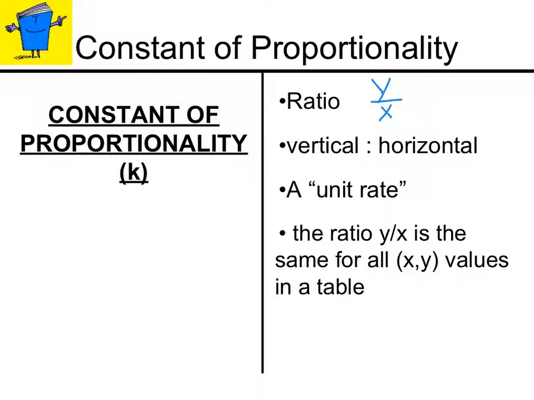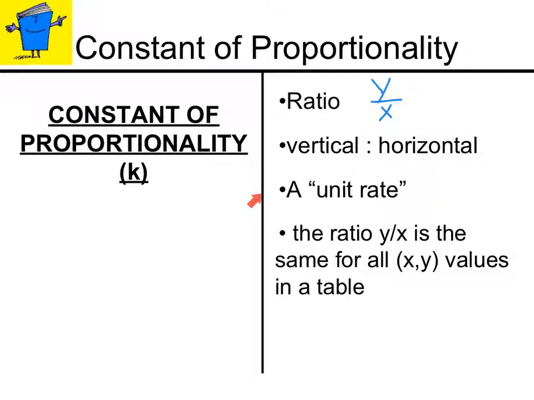In order to understand this idea of proportionality, we first need to understand what this constant of proportionality is. And it is going to be represented by the letter k in the examples that follow. It is a ratio. It's a ratio of our y values to our x values. It's a ratio of the vertical to the horizontal in your graph.